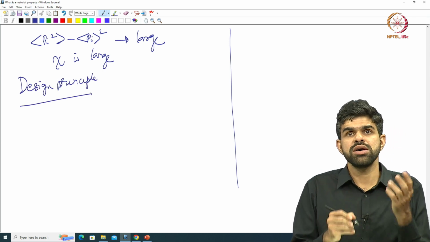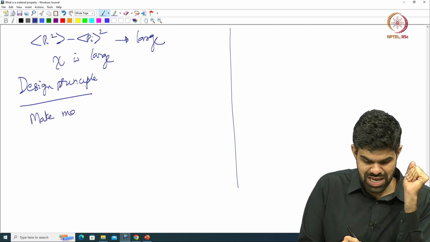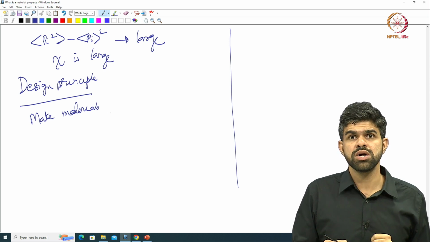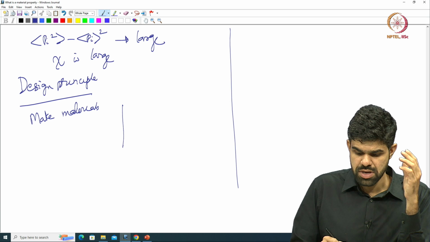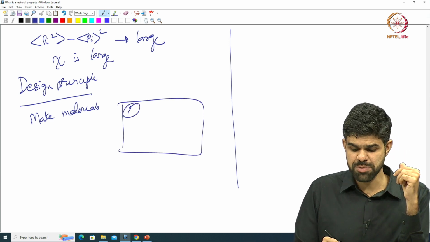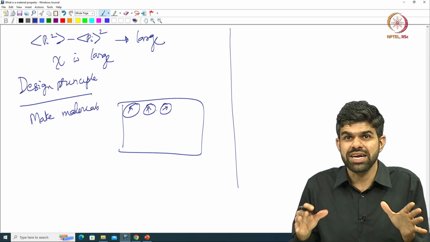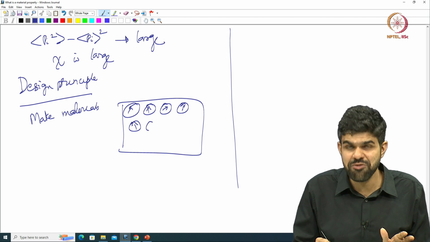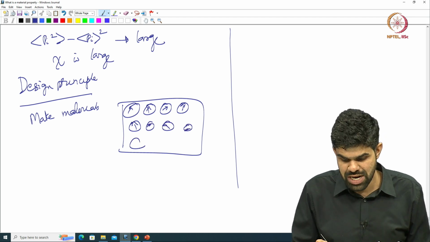I will rather make materials with, so let us say I take a material with several domains, but these are not rigid domains, right. If they are rigid domains, this is just one state, correct. But these are several domains, and these several domains keep fluctuating, one domain changes into another domain and so on and so forth.